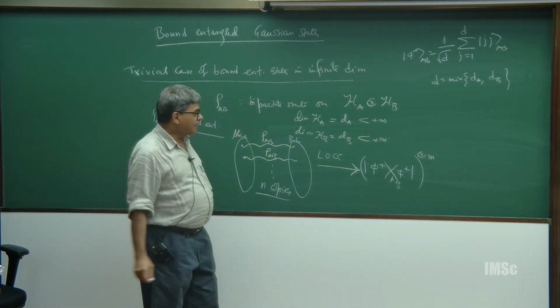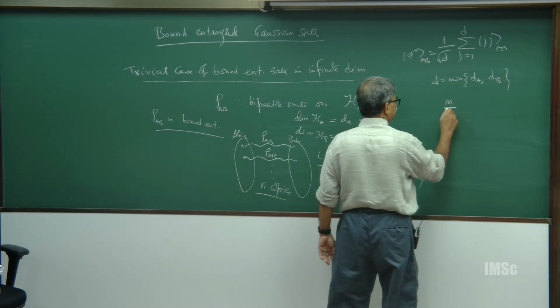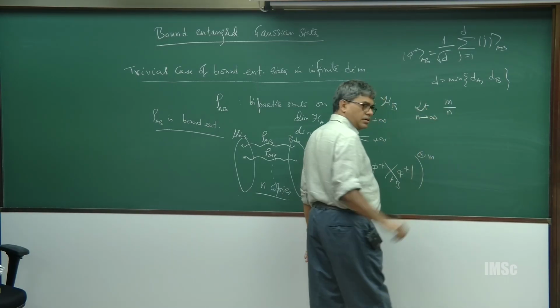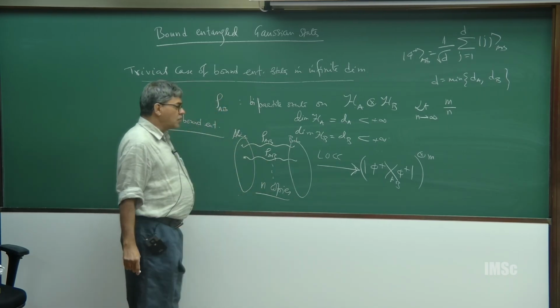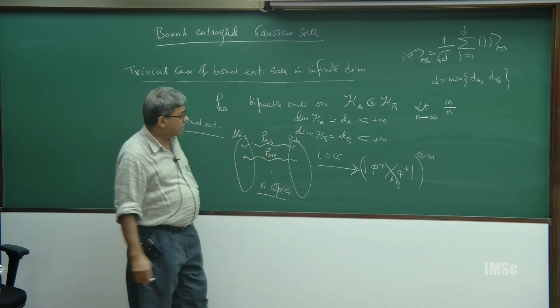So, the question is that this m by n, in the limit n tending to infinity, is what will provide you a lower bound on the distillable entanglement of rho A B, how much you can distill.